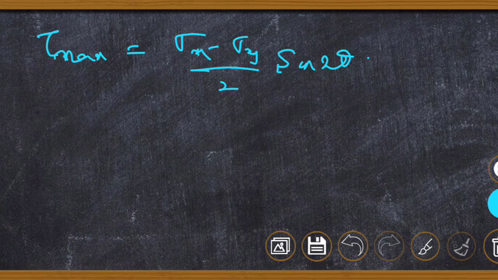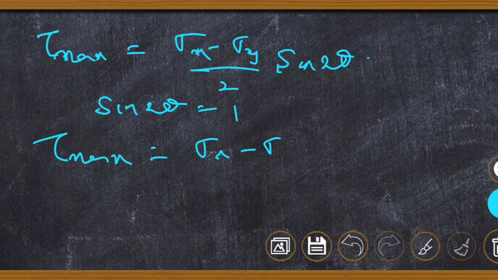Since for maximum shear stress to take place sine 2 theta must be equal to 1, the maximum shear stress will be equal to sigma x minus sigma y all over 2. So this is the formula for maximum shear stress in a material. In my next video, we're going to look at examples of how we can solve problems using these formulas one by one.